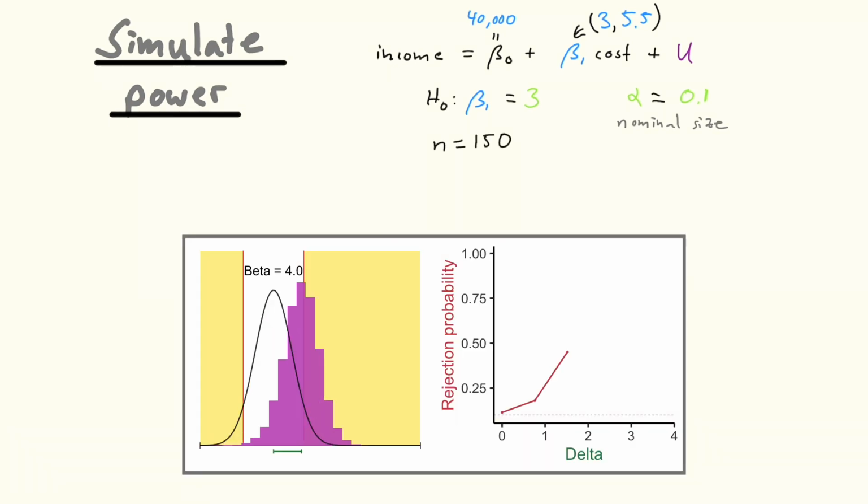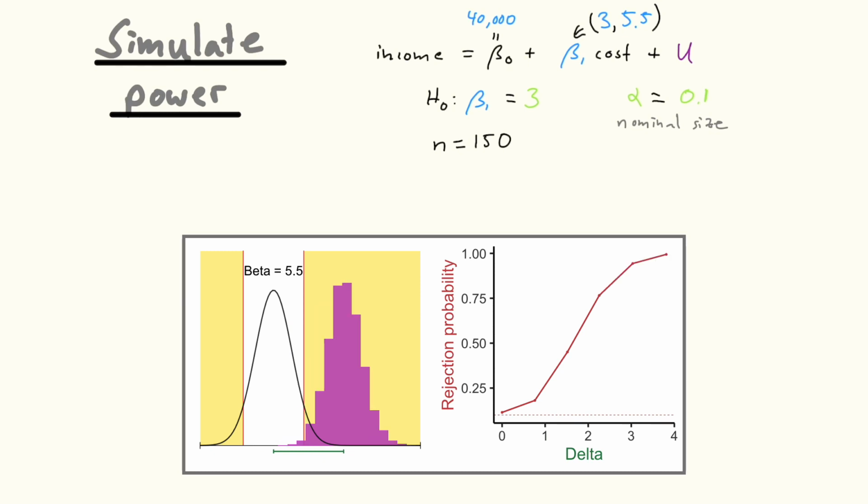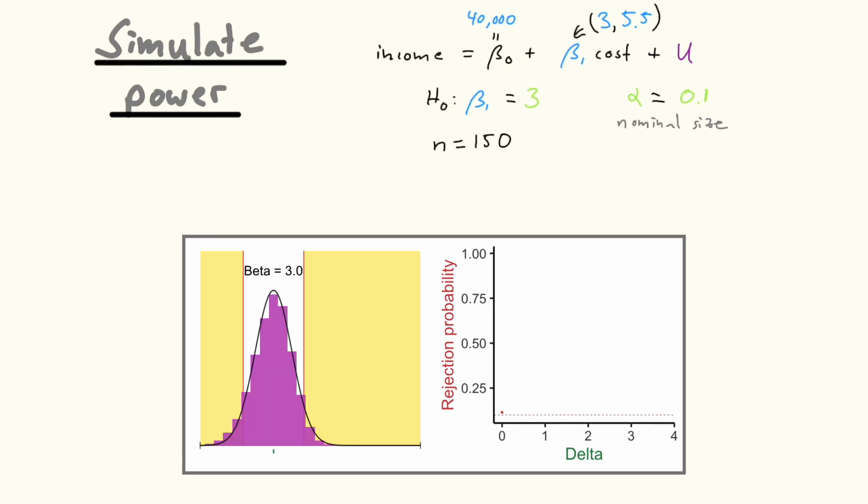This animation summarizes the simulation results. In the left-hand side panel, we see the simulated distribution of the t-statistic. If beta 1 is equal to 3, then we are operating under the null hypothesis. In this case, the distribution is well approximated by a standard normal. We already knew this.